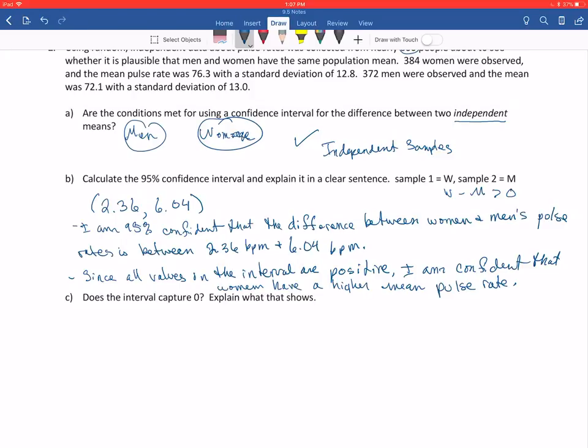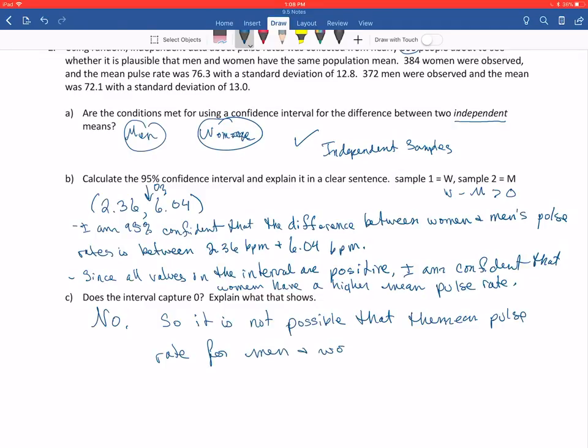Does this interval capture 0, and what does that show? So in this case, is 0 inside there? No. 0 is not in that interval. So it is not plausible or possible that the mean pulse rate for men and women is the same.